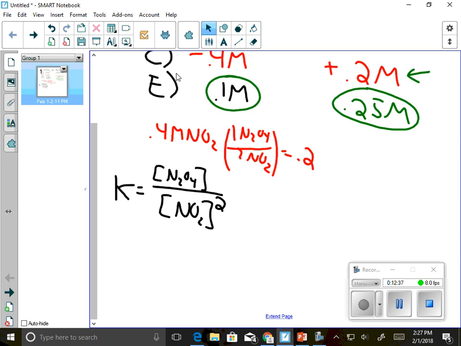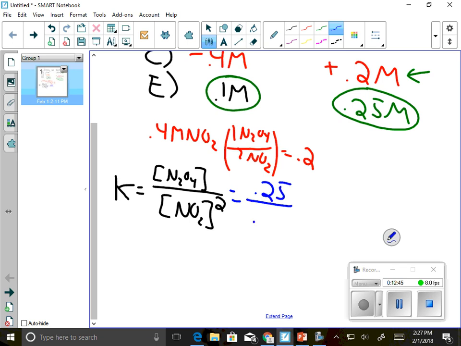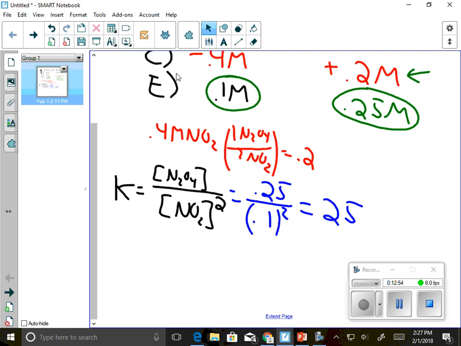You need to raise it to its stoichiometric coefficient. If I then plug in the values I have circled above, 0.25 divided by 0.1 squared would equal an equilibrium constant of 25. Equilibrium constants are unitless. It also means at equilibrium there are going to be more products present than reactants present.